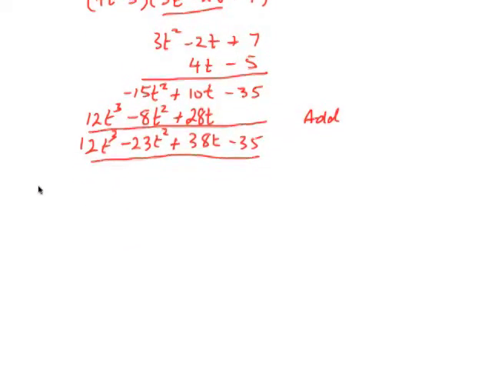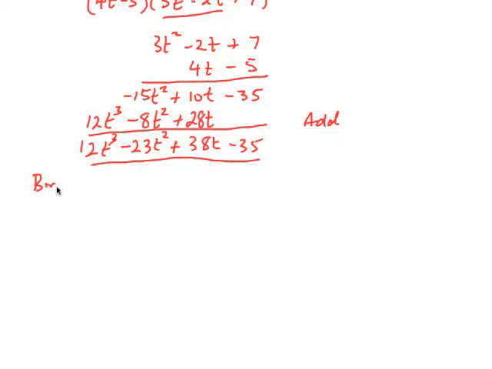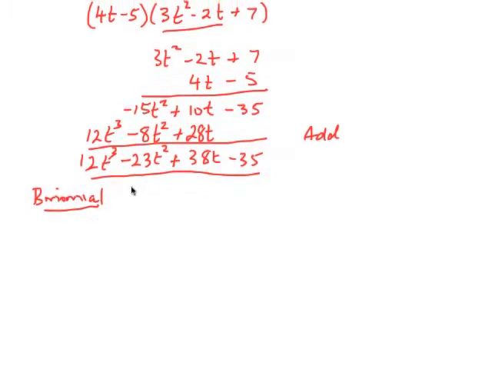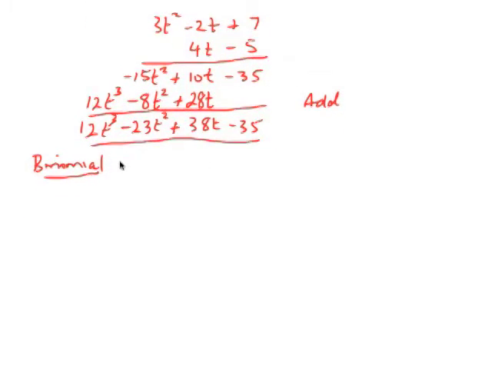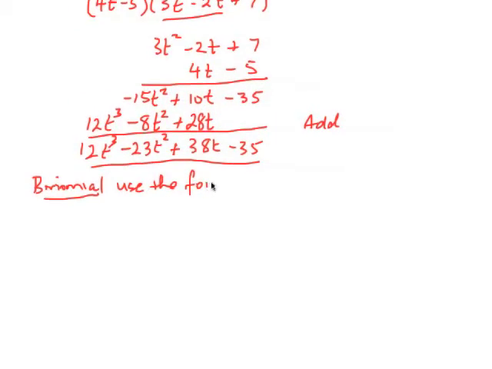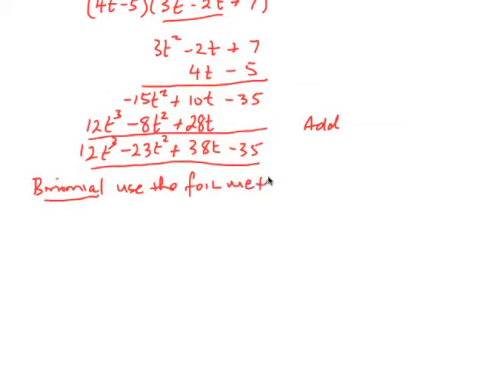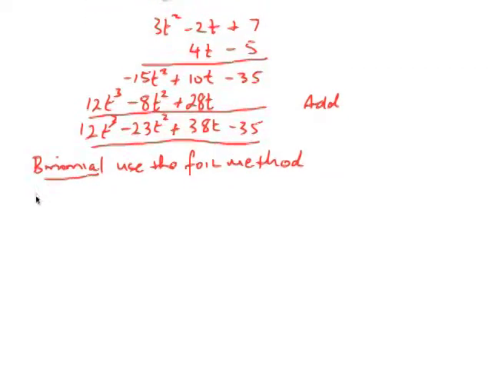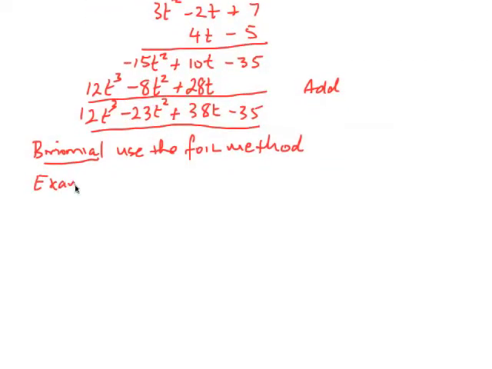Alright, now if we have binomials, and remember a binomial is two terms, then of course we can use the FOIL method. So let's do an example.